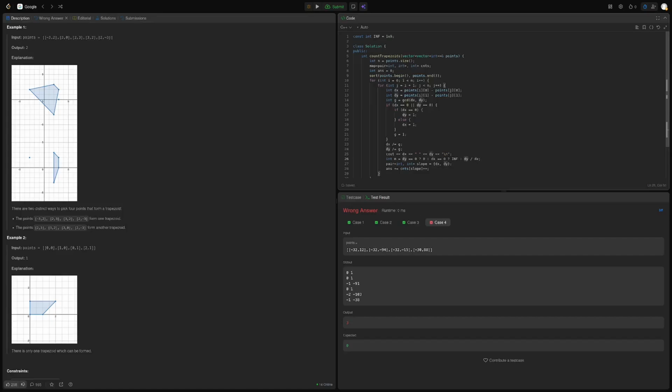Maybe floating, probably should be. Double this, double that, whatever. But map is not gonna work with a double pair. That sucks.